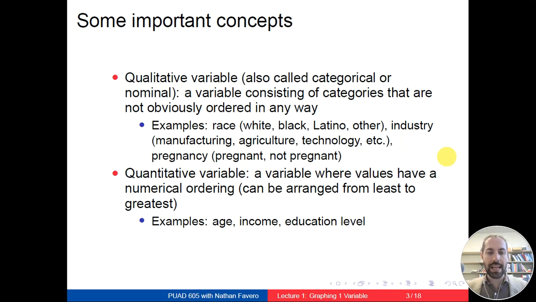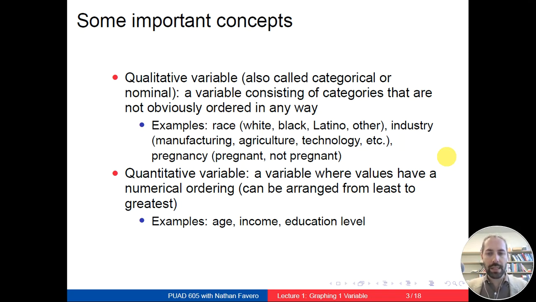We can say that somebody has an income of $20,000 a year, whereas somebody else maybe has $35,000 a year, right? So we can quantify this. And really, what's important is that we can range from least to greatest. Sometimes it's hard to put a precise number on a value, but at least we can say that this person is more highly educated than that person or something like that. That's what we mean by a quantitative variable.